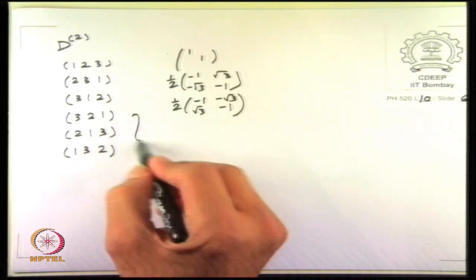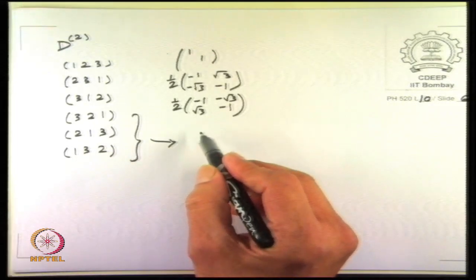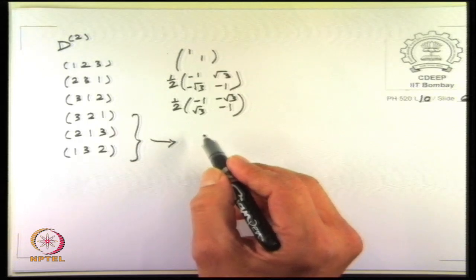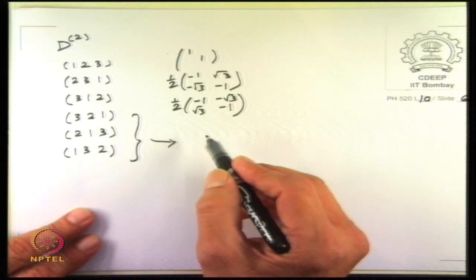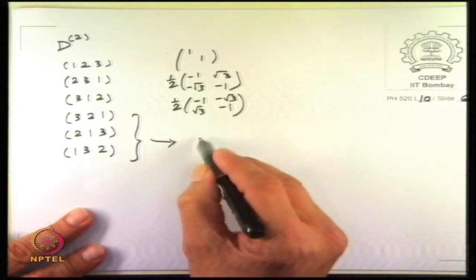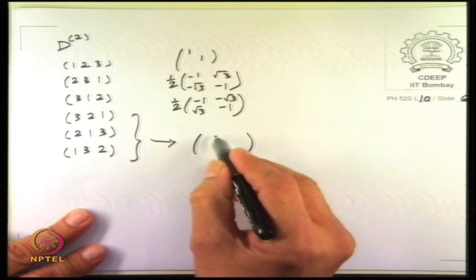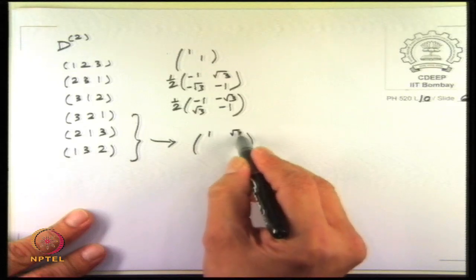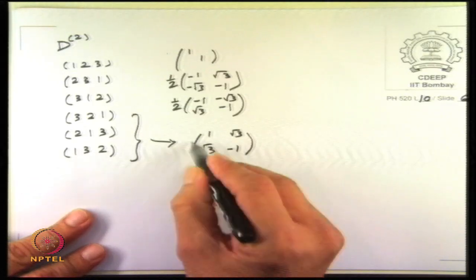Then for these we start with one of them improper, with first row 1, square root 3, square root 3, and -1.